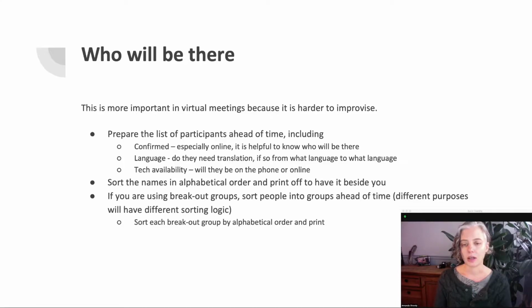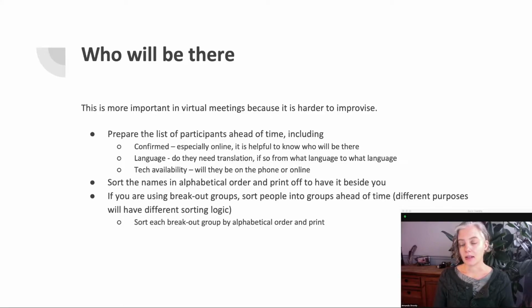And that can include who's been confirmed, what language, if they have any language requirements, and whether or not they have tech. So if we can expect them to call in, or if we think that they're going to be coming in online. Especially again in remote communities, when you're dealing with people who may not be able to see what everybody else is seeing, it's important to know this ahead of time so you can adjust your expectations and your activities to fit the group.